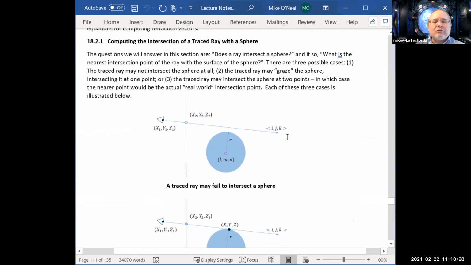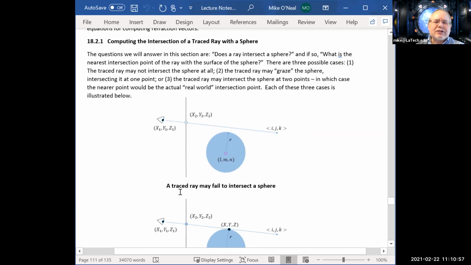You can have the light ray as long as you have a vector i, j, k for x, y, and z, that's where this points, and an anchor point, which could be either the eyeball or the screen pixel. It can be any point along the ray, but you need both a direction and an anchor point for the ray, okay?